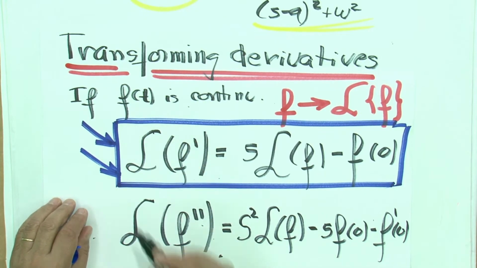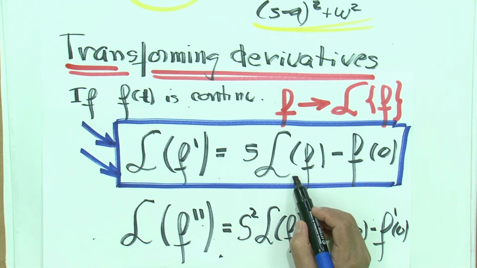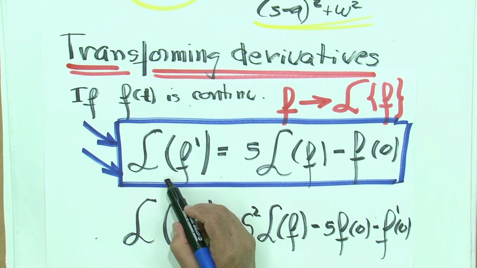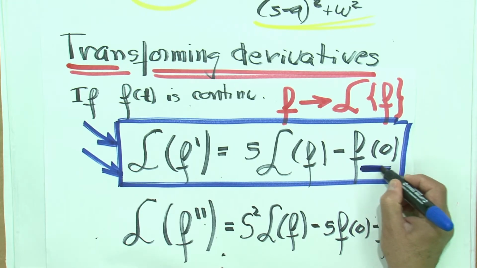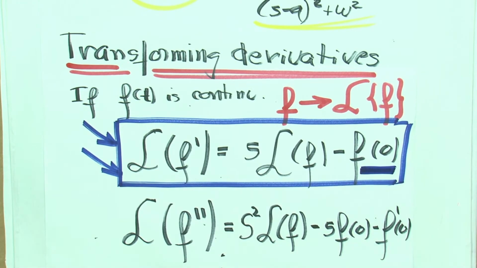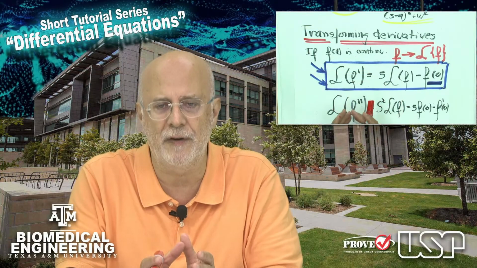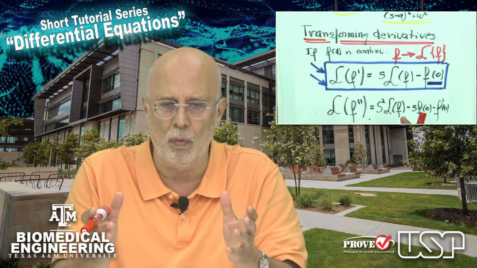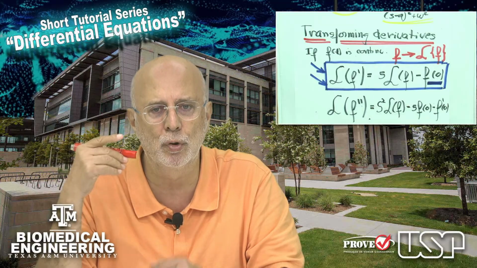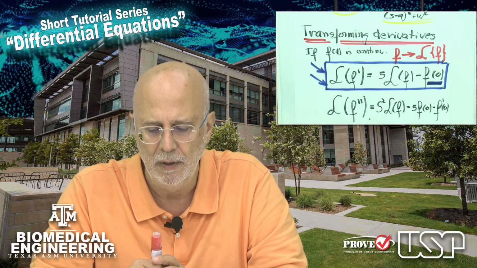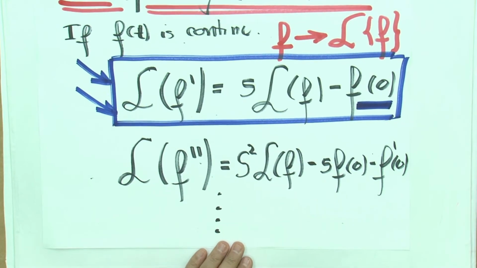So this is a nice relation between the Laplace transform of the function and that of its derivative, and it now depends on the initial value of the function. This is not a surprise, because to solve a differential equation you need some initial values to specify the full solution. And the Laplace transform needs that too.